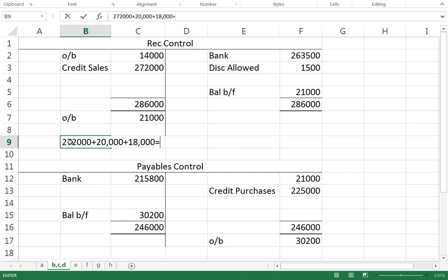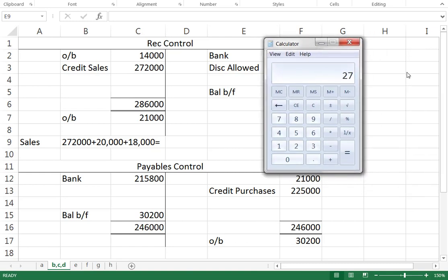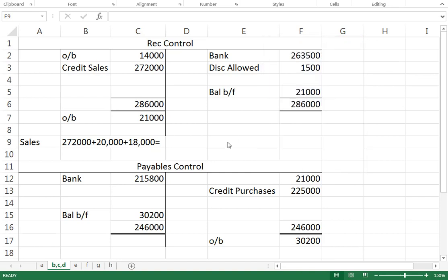Okay, so our total sales is not just credit sales, it is both cash and credit sales. So that is, let's just get our calculator here, 272 plus 20 plus 18 is giving us 310 of total sales.